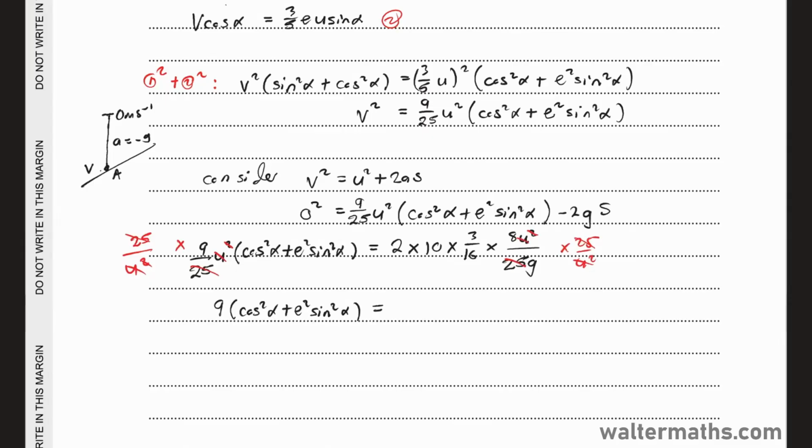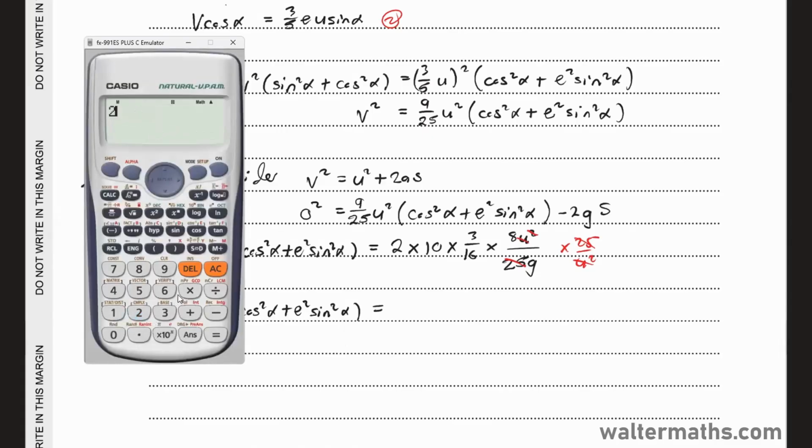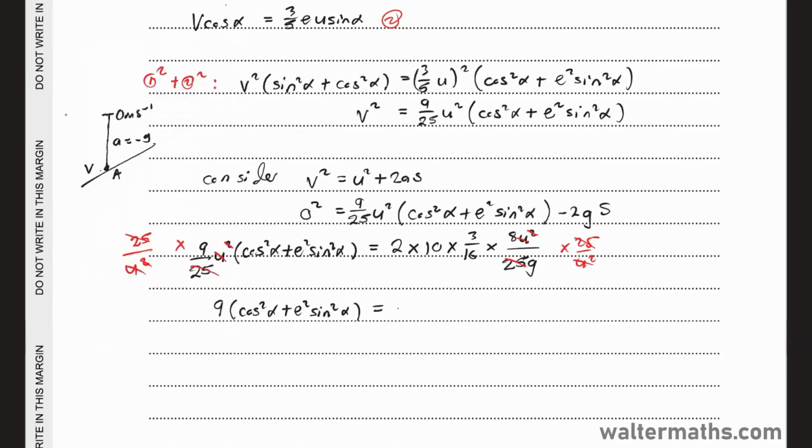On the right side, I'm just going to calculate this thing that we got: 2 times 10 times 3/16, times 8. So we basically have 30 over g, and 30/10 is just 3. So cos squared alpha plus e squared sin squared alpha is equal to 3/9, which is a third.